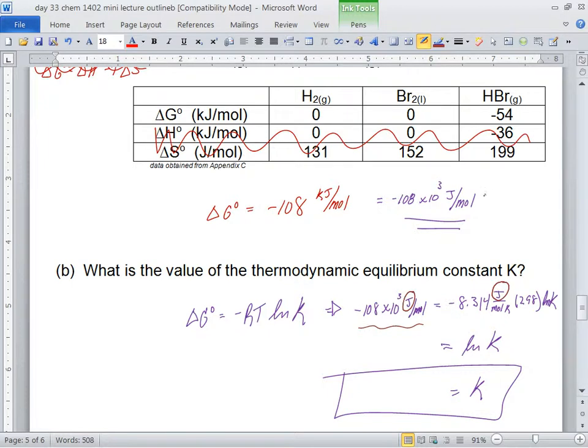And it really should be written as negative 1.08 times 10 to the fifth. Same thing. So negative 1.08 times 10 to the fifth, or negative 108 times 10 to the third, they're the same number. It doesn't really matter which one you use. But the point is that it has to be in joules, otherwise that joules is not going to cancel with the joules in the R. So I got to convert it.